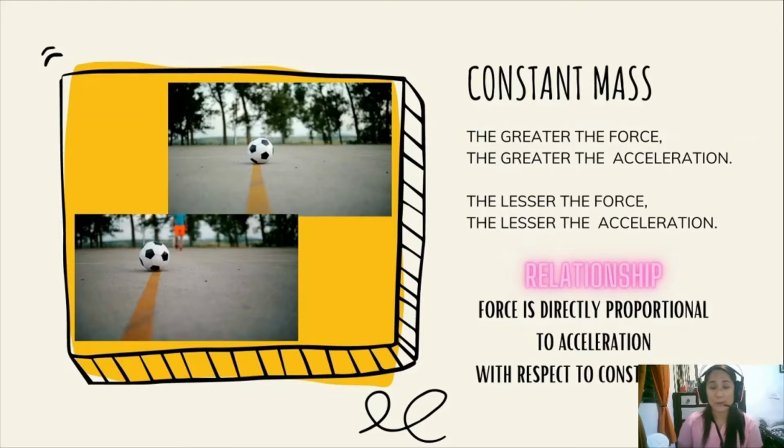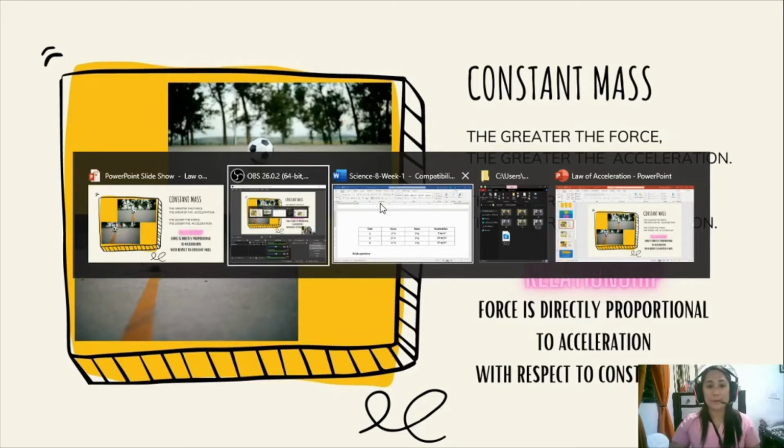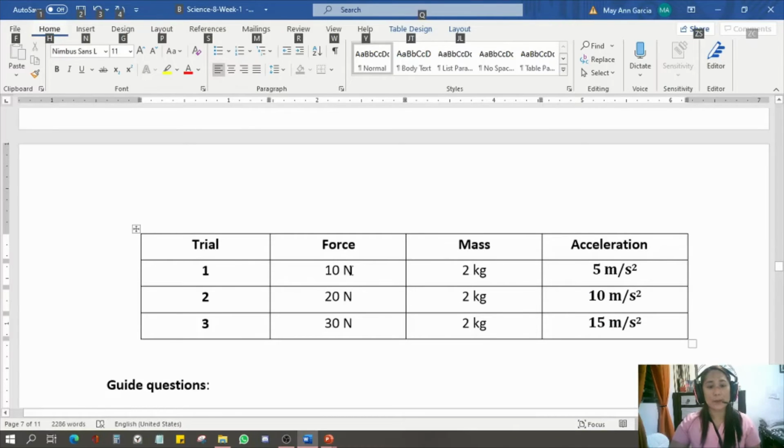If the force is lesser, then the acceleration will also become lesser, because the relationship between force and acceleration is directly proportional. So again, from this, you can see that when the force is greater, the acceleration will also be greater under a constant mass.